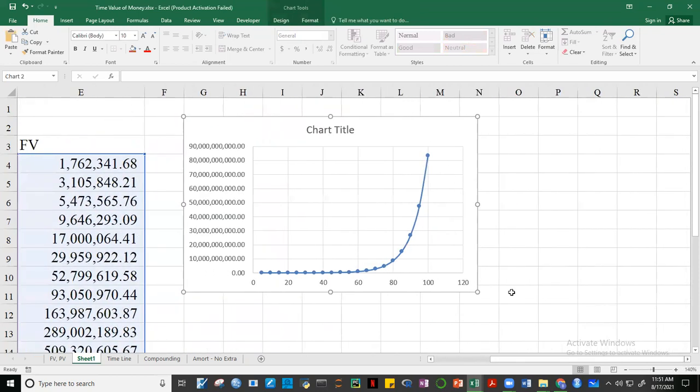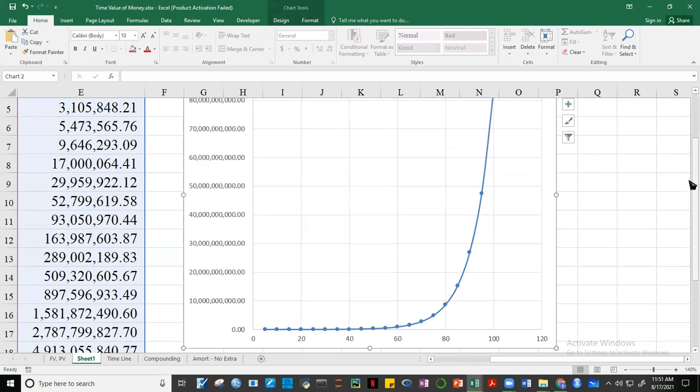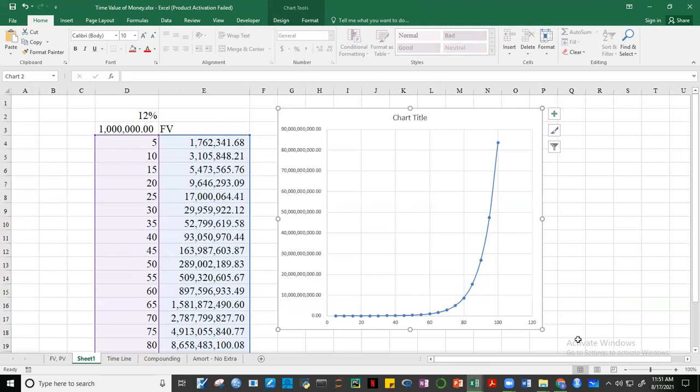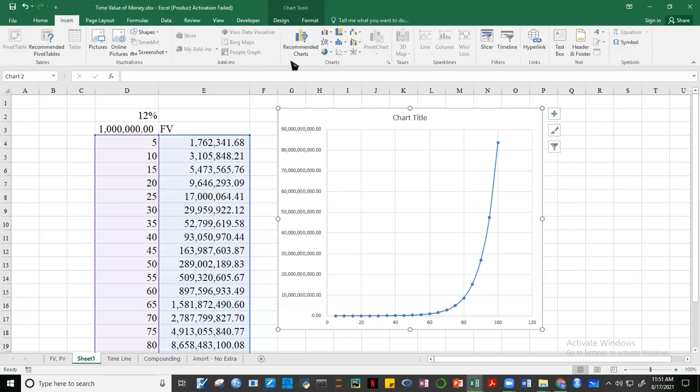Right. So you can see here, guys, the power of compounding. You can see here the rise of the future value. Hindi siya linear, hindi siya parang ganito, it's not something like this.